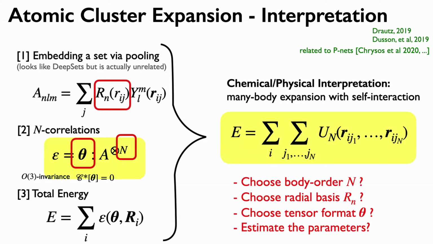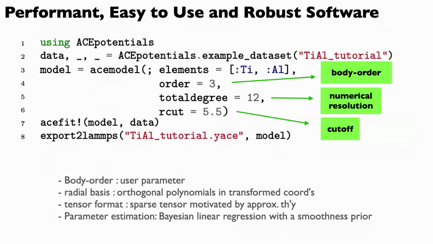Anyways, there are many hyperparameters that one has to pick. Part of what we tried to do with this ACE potentials code that the tutorials are on is to automate this as much as possible. This is what a typical model construction looks like. I have a training data set that contains titanium aluminum structures, so I have to tell my model that it will see titanium and aluminum.